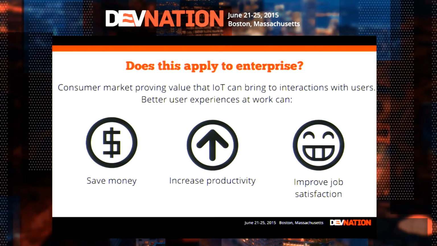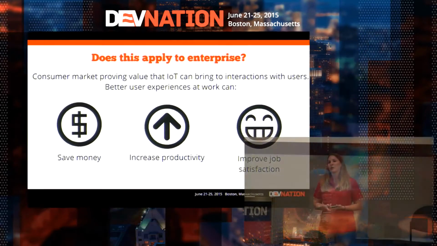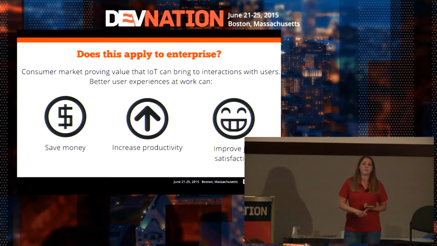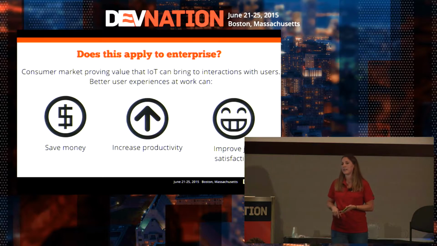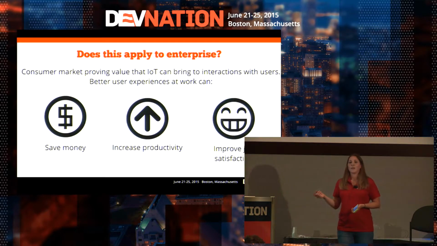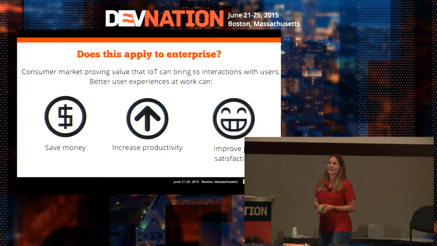But at work, things change a little bit. The experience that we're trying to give to employees might be slightly different than the experience that you really are looking for as a consumer. So at work, good user experiences save companies money, they increase productivity, and they improve job satisfaction. Just think about a time that you've had to enter an expense report or enter your time into a time tracking system.